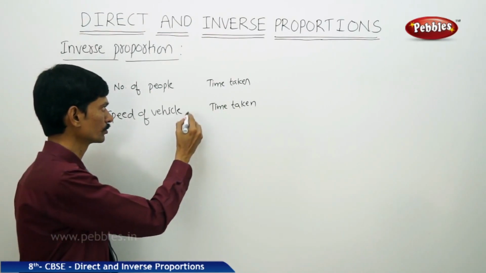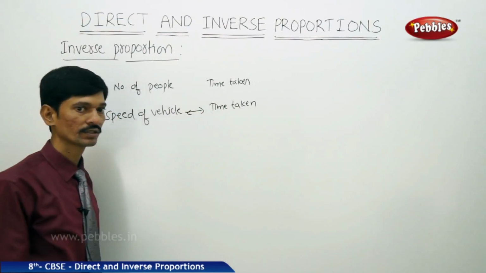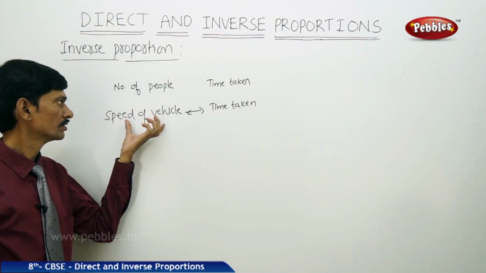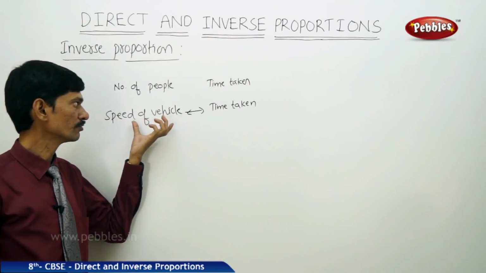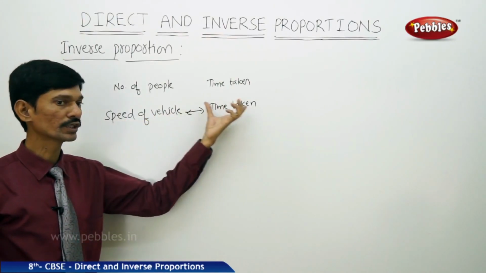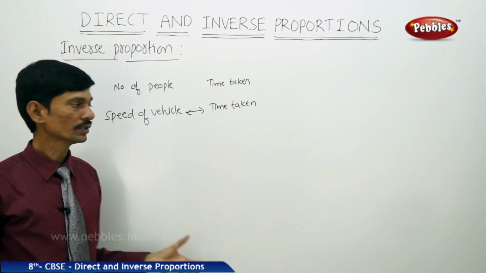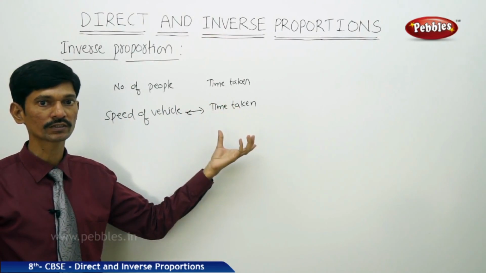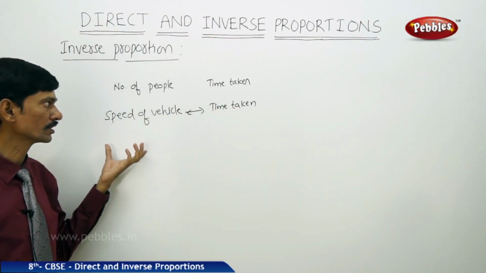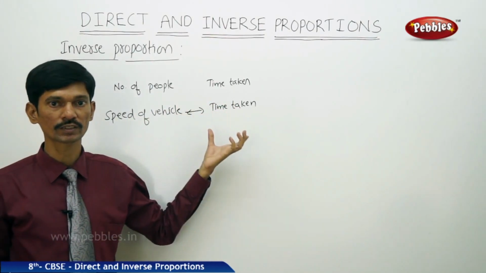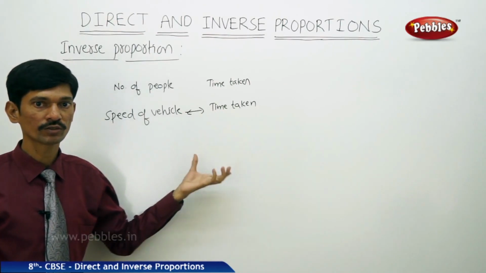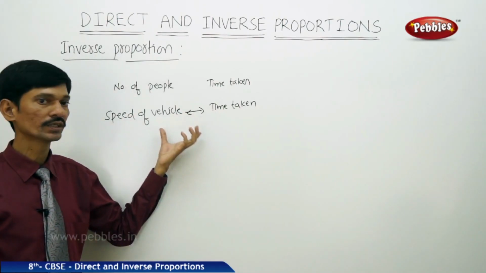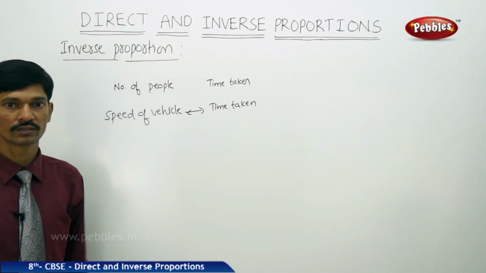So here also, a change in one quantity leads to a change in the other: if the first increases, the second decreases, and if the first decreases, the second increases. Such quantities are said to be in inverse proportion.